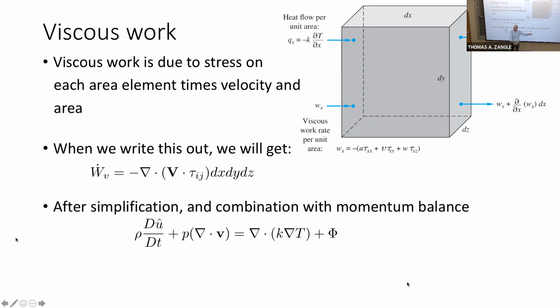So this is basically telling us the amount of work, the amount of energy, that we're losing to friction. So: rate of change of internal energy, total change of internal energy, pressure work, heat conduction, viscous dissipation.